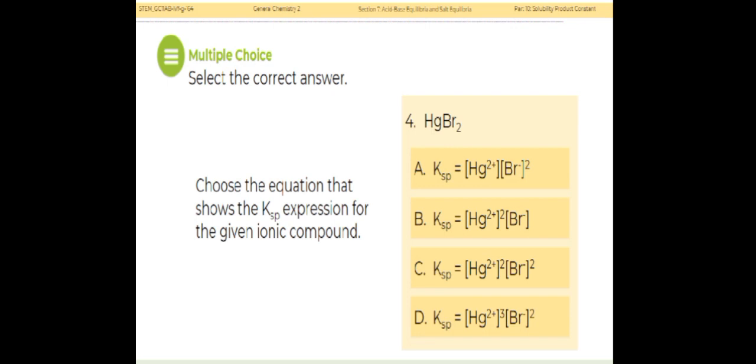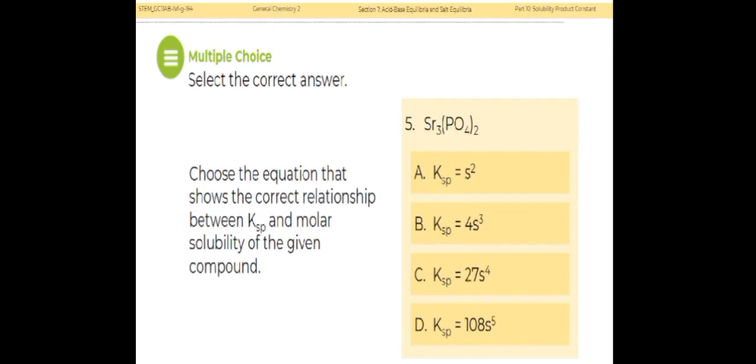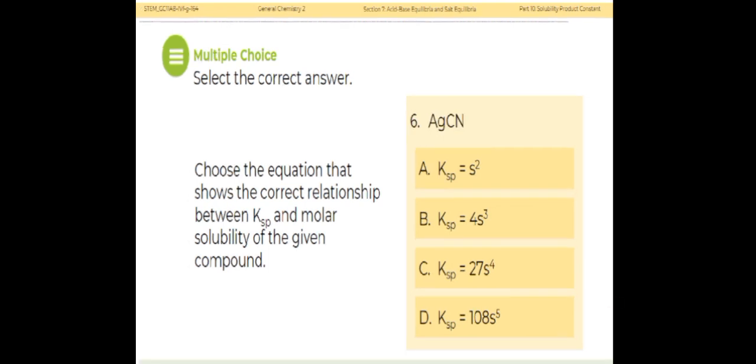Choose the equation that shows the Ksp expression for the given ionic compound. Number 5. Choose the equation that shows the correct relationship between Ksp and molar solubility of the given compound. Let us proceed.